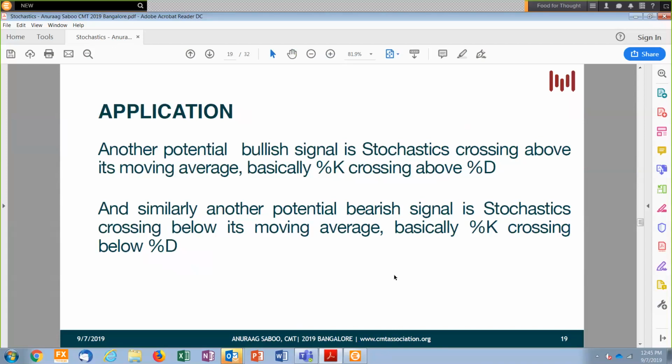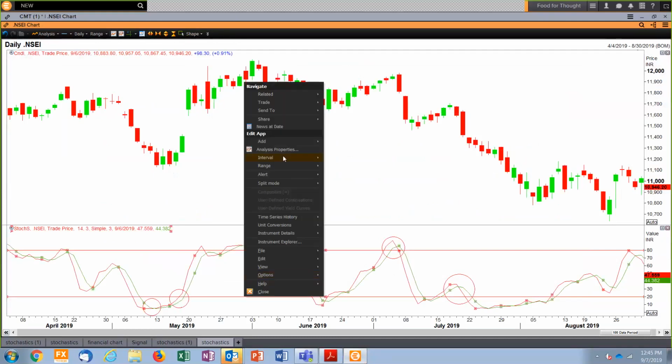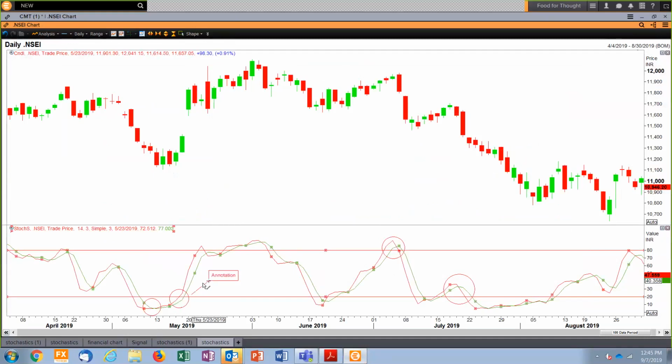So when you apply this on the chart, this is how it will look. Here is the area where I marked. This area has been marked very clearly, and you can see the stochastic going above 20. You can also do an annotation and mark this area. So you can write here, stochastic going above 20 from oversold zone.